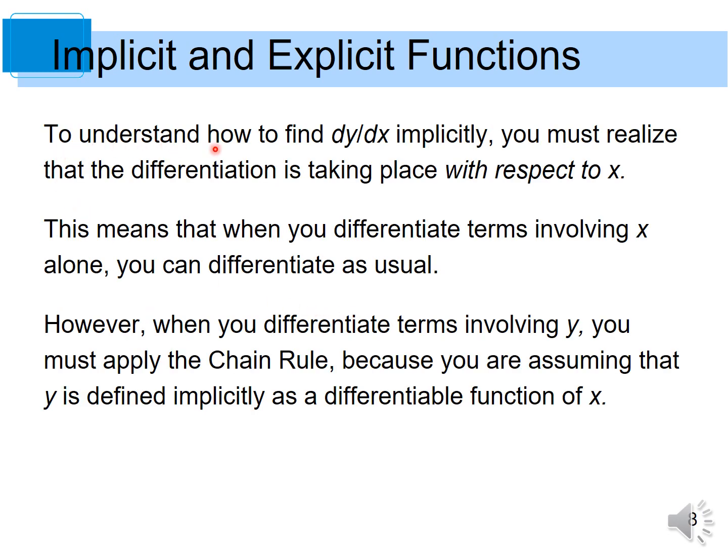To understand how to find dy dx implicitly, you must realize that the differentiation is taking place with respect to x. This means that when you differentiate terms involving x alone, you can differentiate as usual.